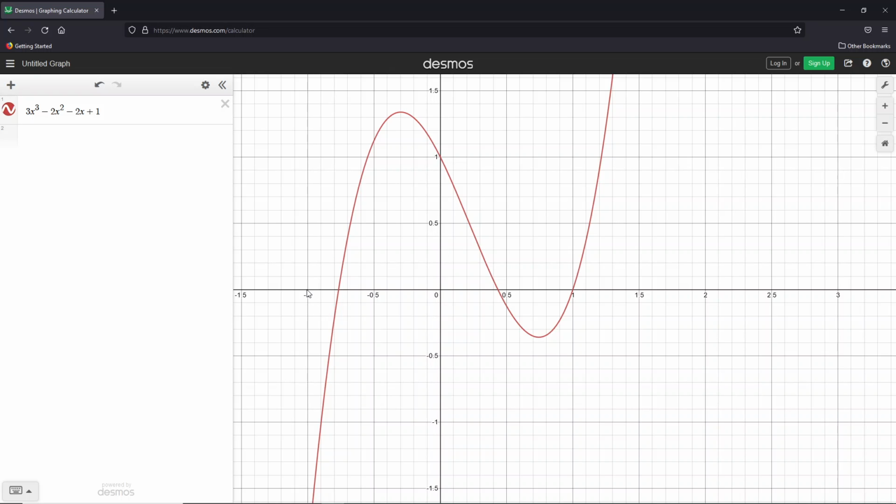So that means between negative 1 and 0, since one value of the function was negative and the other was positive, there must exist a value between negative 1 and 0 such that when you plug it into the function, you get 0, or it's one of the x-intercepts when you look at the graph of the function. We can see it here, it looks like it'd be right about here, a little closer to negative 1 than it is to 0, but it is between negative 1 and 0 that we have this 0 of the function.